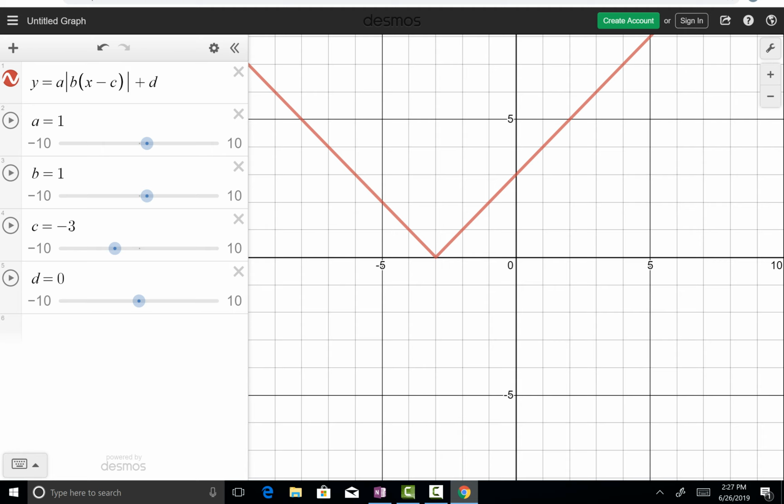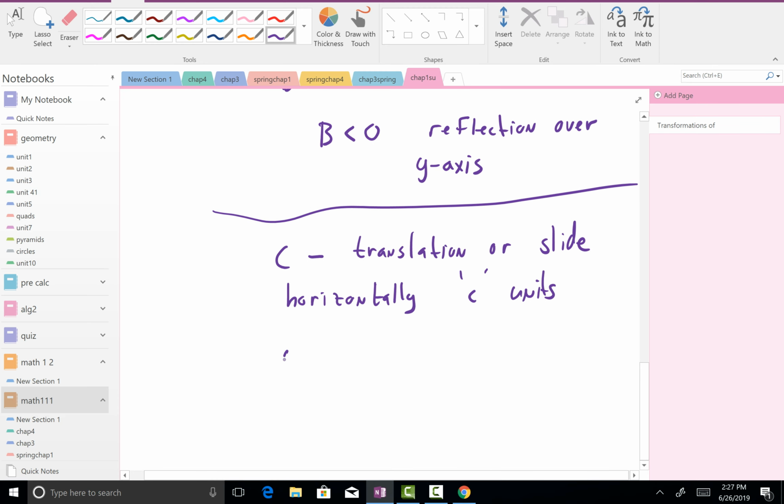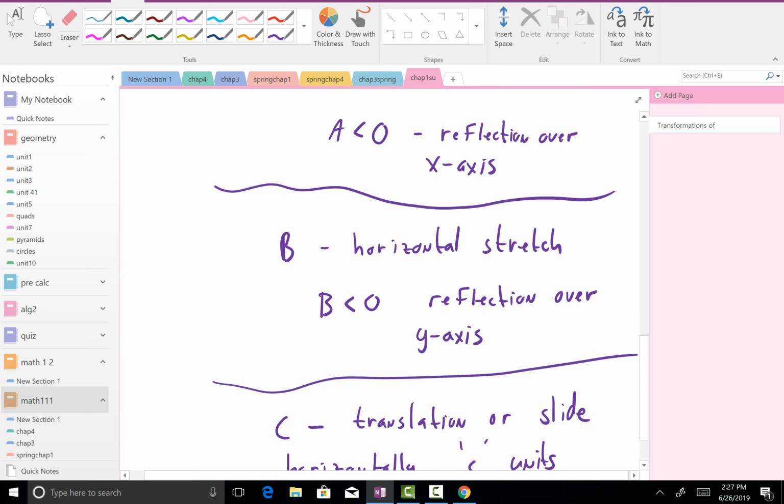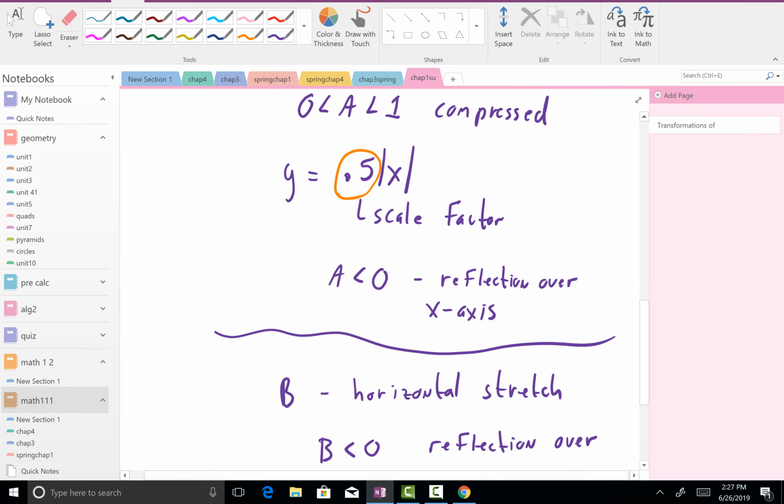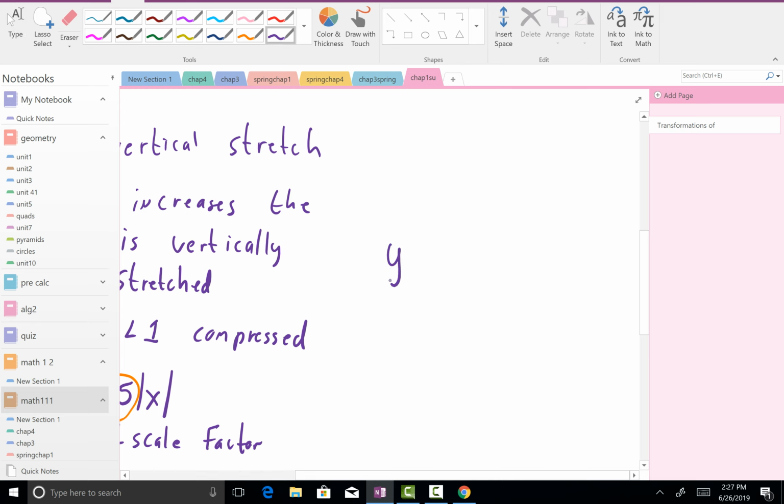This, however, is somewhat confusing because if we look at the equations of these, you might think, well, that's going to slide over horizontally 3 units. But in actuality, it doesn't, because if we go back to our original equation, which I did not write and I should have, that should have been written down there. We have a minus c here.